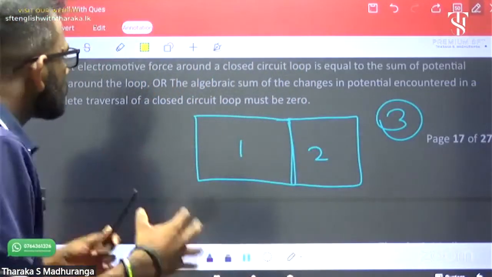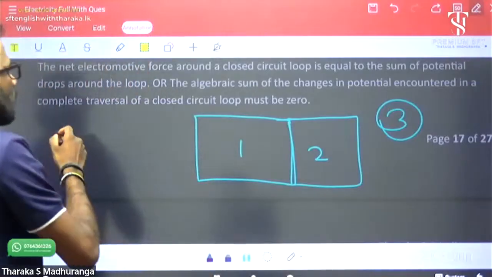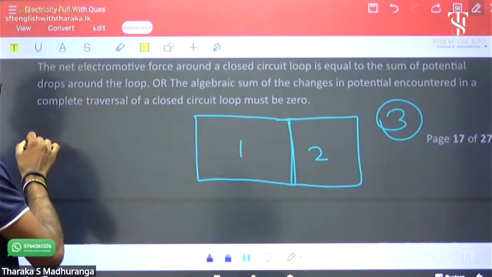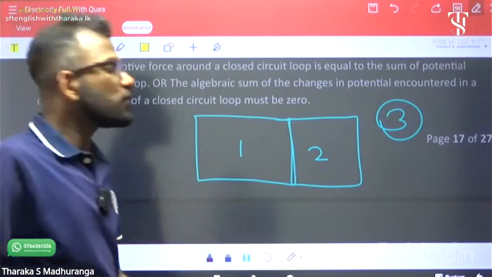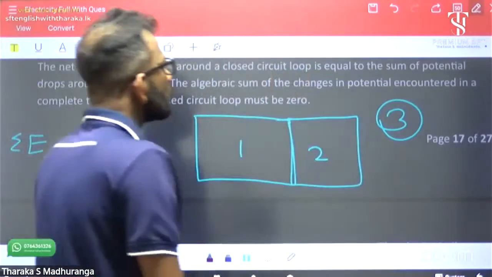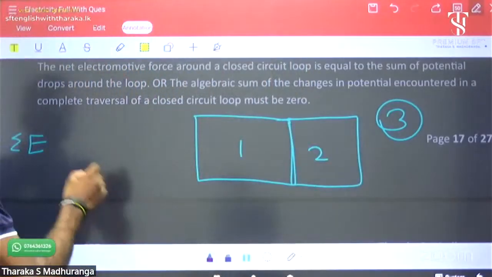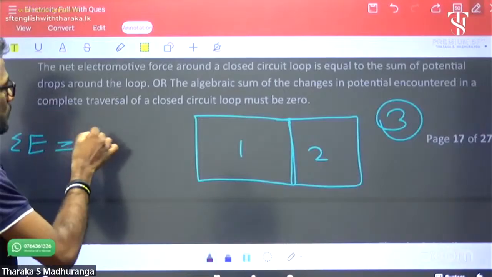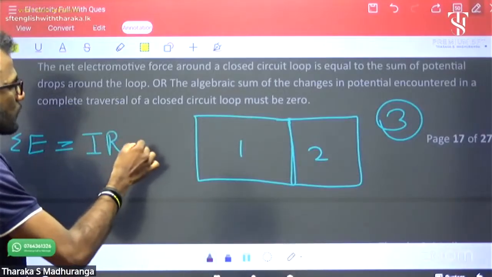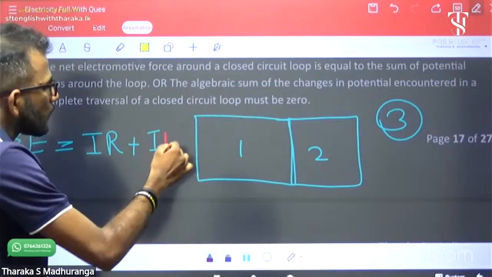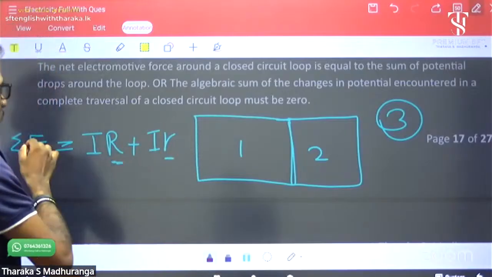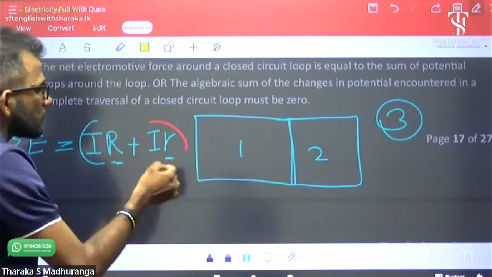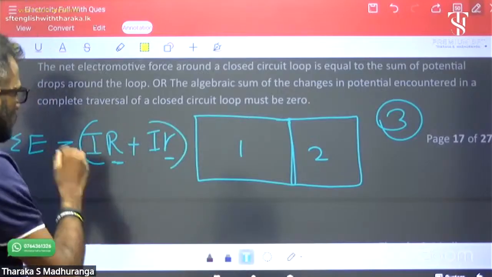The net electromotive force, sigma E, equals the sum of potential drops, the IR multiplications. Small r means internal resistance, capital R means external resistance, that's sigma.